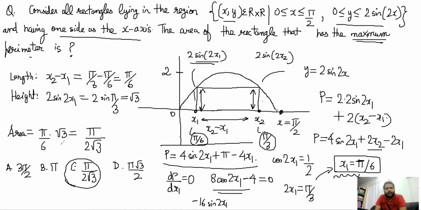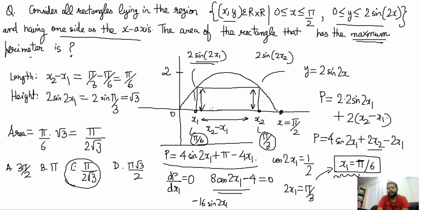So what did we do in this question? We understood the question as trying to find out the area of a rectangle. We drew the y is equal to 2 sine 2x curve. And first, we found the condition that this situation is a rectangle. For it to be a rectangle, you have to have common heights, because one side is the x-axis and one side will be the y-axis here.